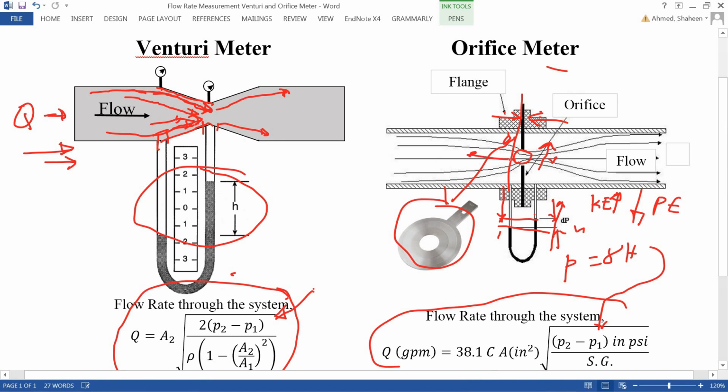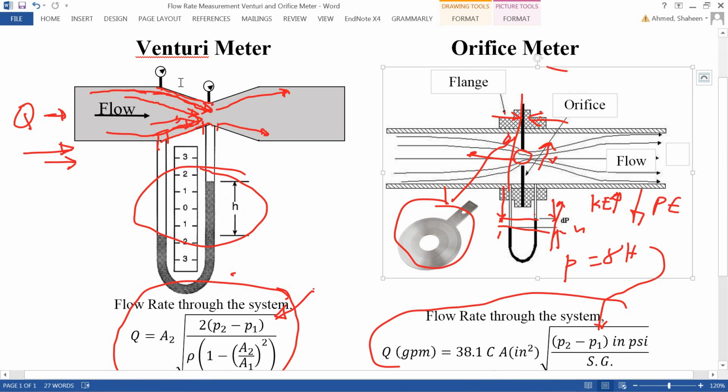And here you have this sudden change, so there will be more loss in the Orifice meter. So that's the main thing. The Venturi is very expensive to set up, and the Orifice is cheaper, but you lose some energy through it. But the measuring principles are the same in both cases.